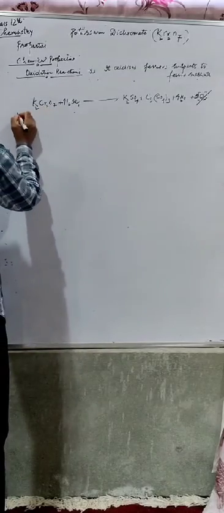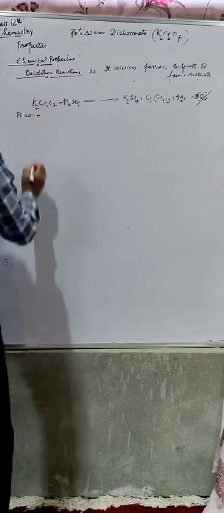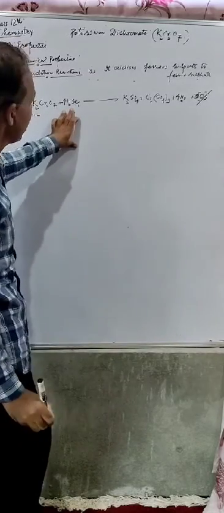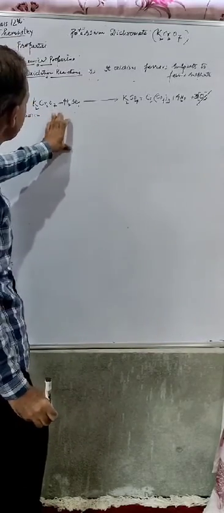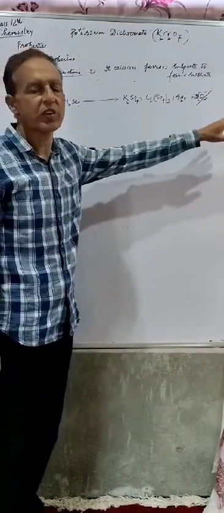Again, potassium dichromate upon acidification, we will write this reaction first: potassium dichromate upon acidification liberates nascent oxygen.